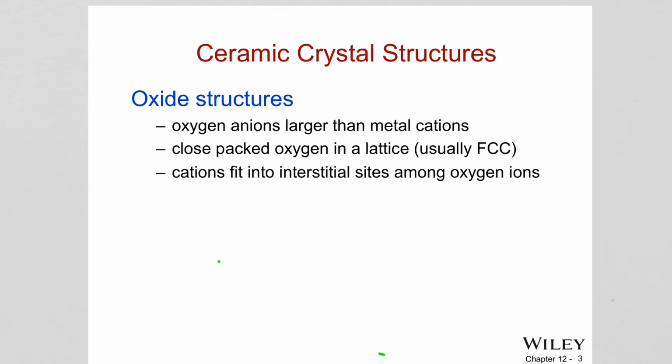For example, calcium fluoride, right? Calcium is charged 2 plus and fluorine is charged negative. So that tells you each calcium ion has a charge of plus 2, and each fluorine ion has a single negative charge. Therefore, to be in balance, we have 2 fluorine ions reacting with 1 calcium ion.